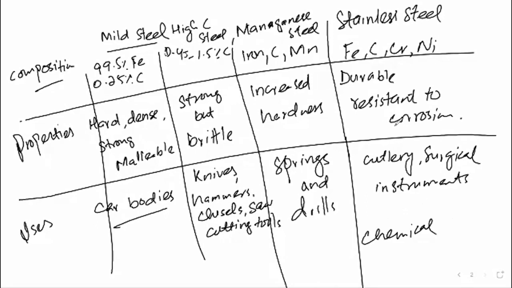They are resistant to corrosion, so that's why stainless steel is used there. So these are the four types of steels: mild steel, high carbon steel, manganese steel, and stainless steel. Their compositions have been given, their properties have been told, and in the same way we have studied their uses as well.